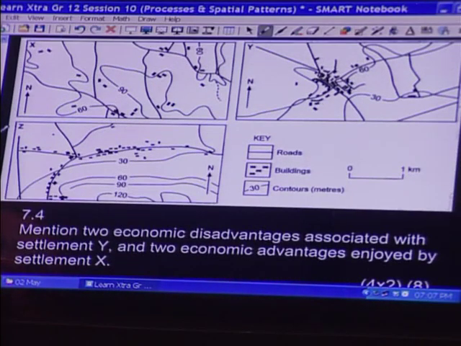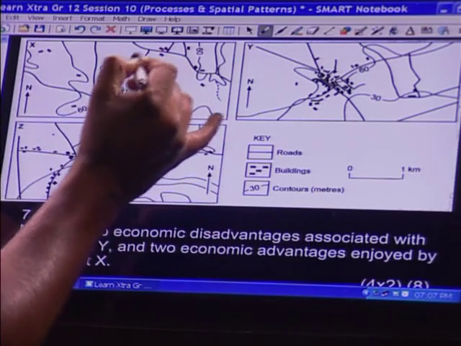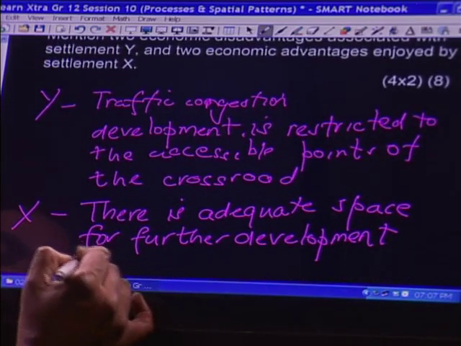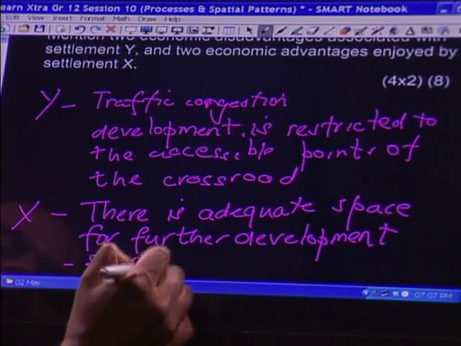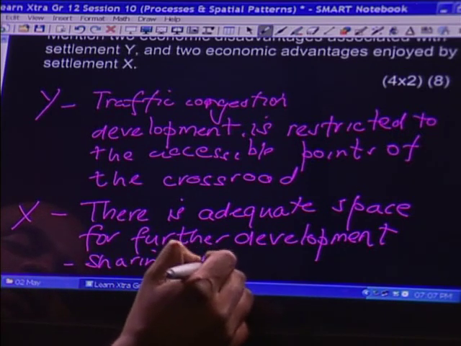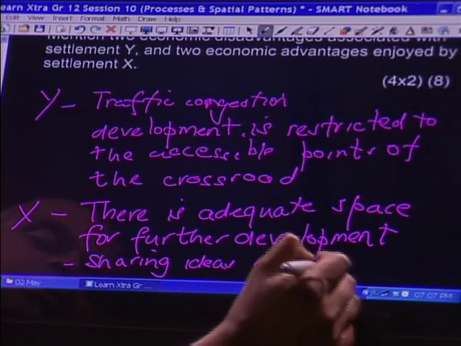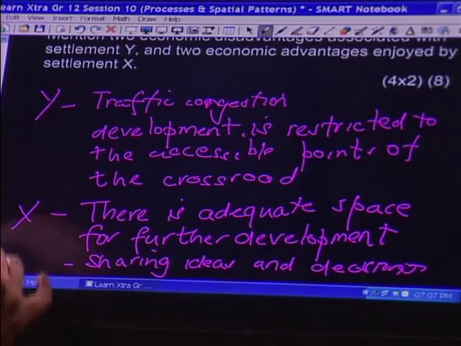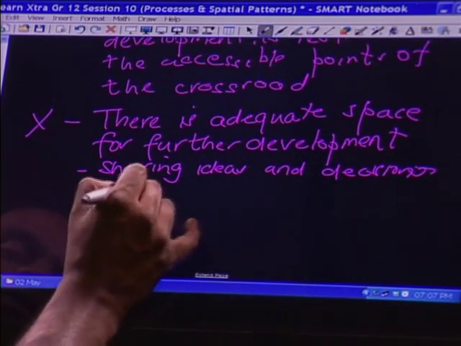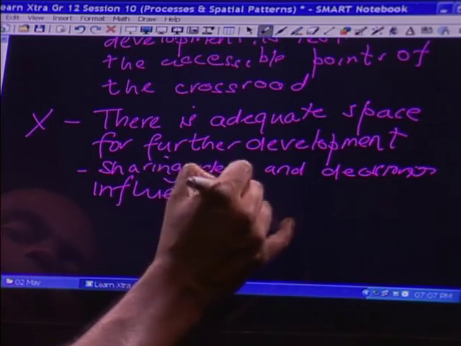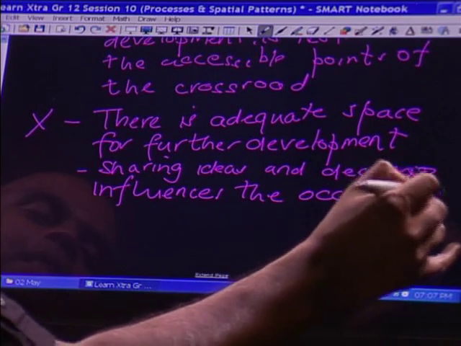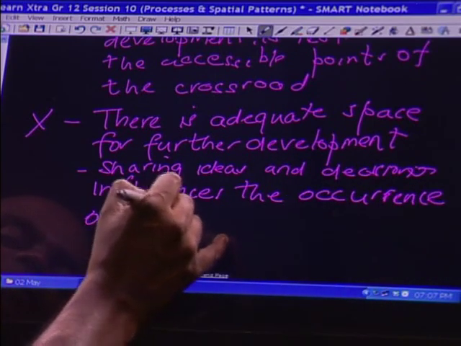Let's go further. What happens here is that you have a situation of settlements occurring randomly. As a result, sharing ideas and decisions influences the occurrence of services.